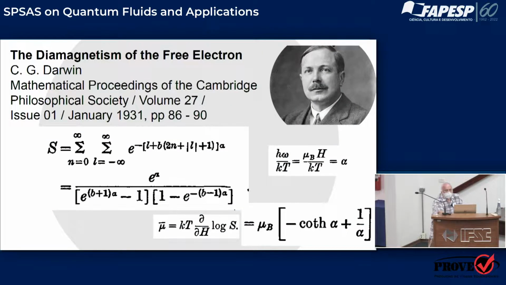And who obtained the complete solution was Darwin, Charles Darwin, but Charles Galton Darwin. He was the grandson of another Darwin, whom everybody knows. And remember, Landau did this work when he was in Cambridge in 1930, and he sent the paper to the journal in July.